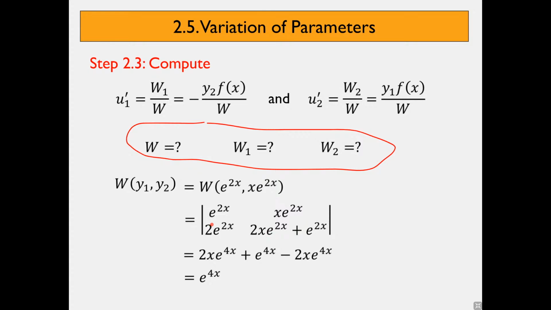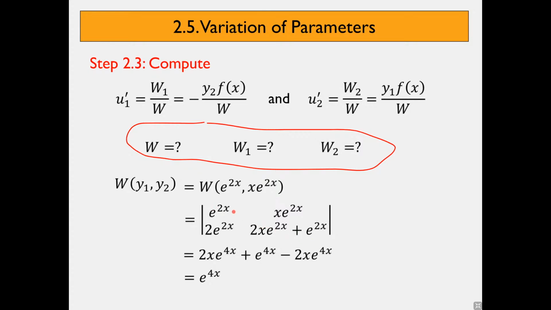Second row, you differentiate. Differentiate e^(2x), the answer is 2e^(2x). Differentiate x e^(2x): 2x e^(2x) plus e^(2x), using the product rule.